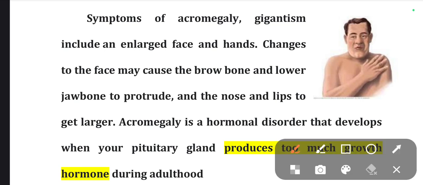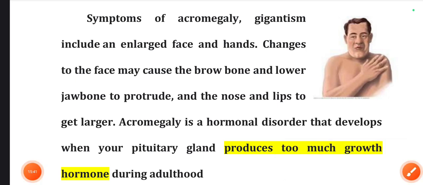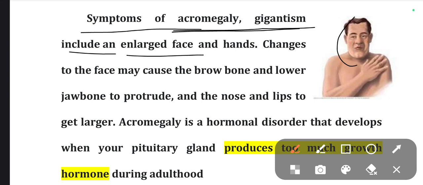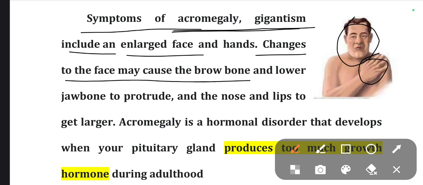So we will see some of the hormonal disorders. The first one is gigantism or acromegaly. Symptoms of acromegaly or gigantism include enlarged face and hands. Okay, big hands and face. Changes to the face may cause the brow bone and lower jawbone to protrude. Okay, protrusion is nothing but coming out.